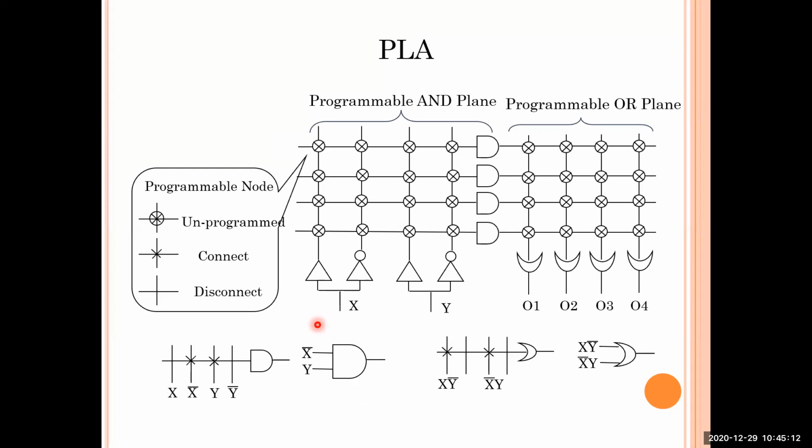Assume that this is A and this is B. Then you can see that one is a normal buffer and the other one is an inverter. This becomes X and this becomes X bar. This becomes Y and this becomes my Y bar. Have you understood, ma'am? Yes, sir. Is it clear? Yes, that's all.